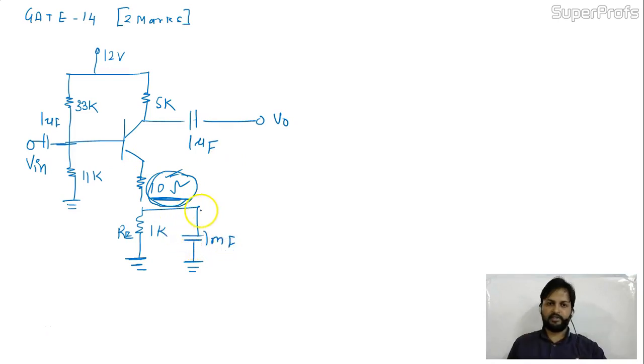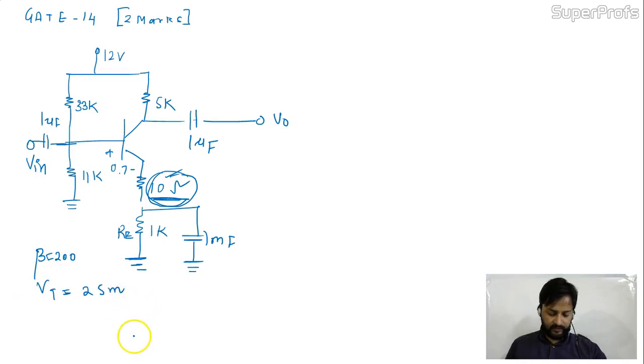Now the question is, I'll read the question. For the amplifier shown in the figure, the BJT parameters are VBE 0.7 always, beta is 200, thermal voltage VT is 25 milli.